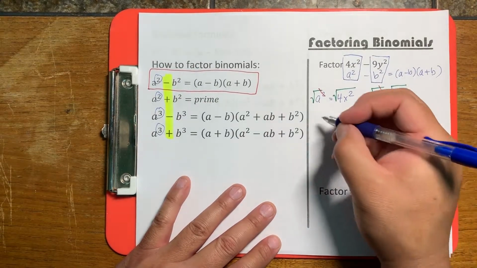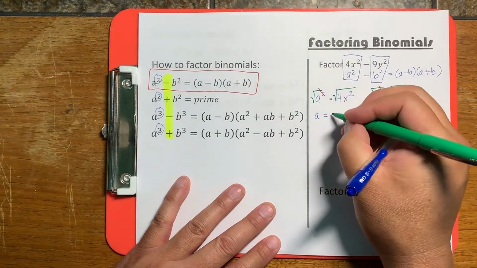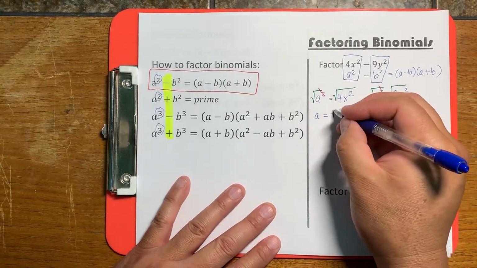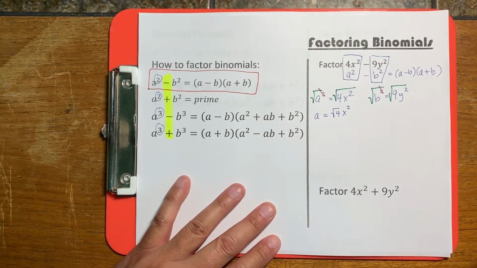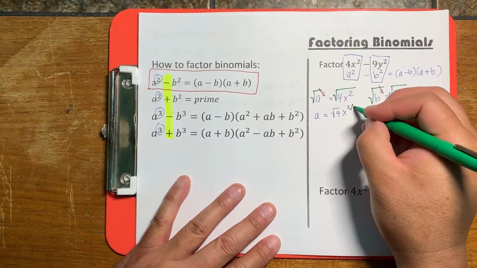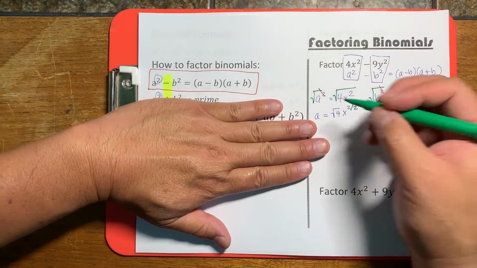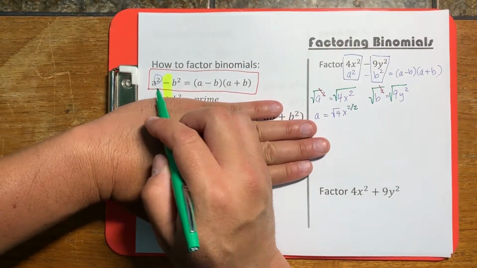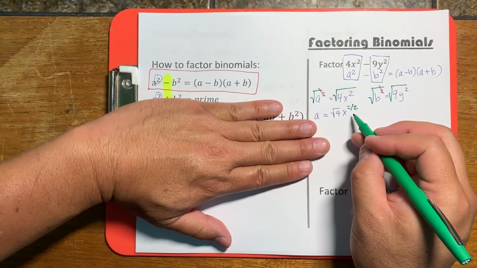And you can see that we get a is equal to the square root of 4. Now, what the square root will do is we'll divide that 2 by 2. So anytime we use a square formula to find a or b, we're always going to divide the exponent by 2.